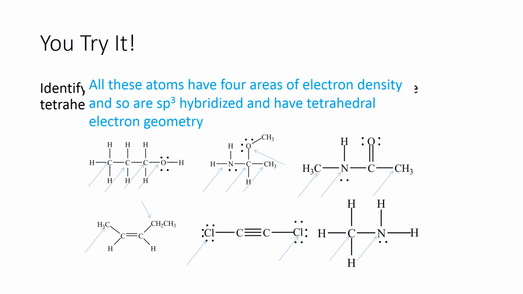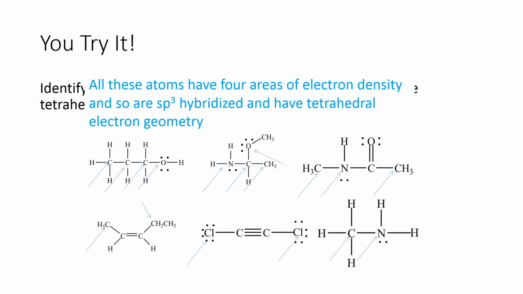Okay, any atom that has four areas of electron density, whether it's non-bonding pairs or bonding pairs, is sp3 hybridized and has tetrahedral geometry. So is anything up here with four bonds. This carbon right here, you see it has two hydrogens, a carbon, and a carbon on it, so it's got four bonds on it. It's tetrahedral.